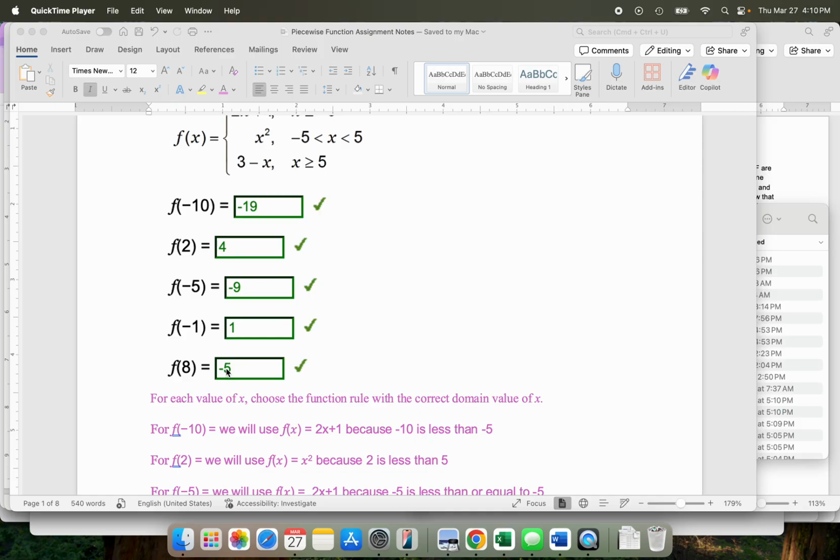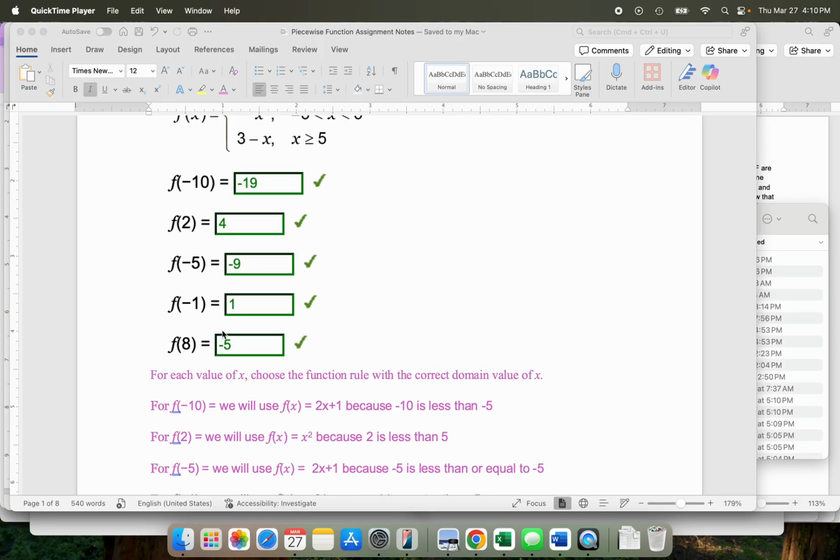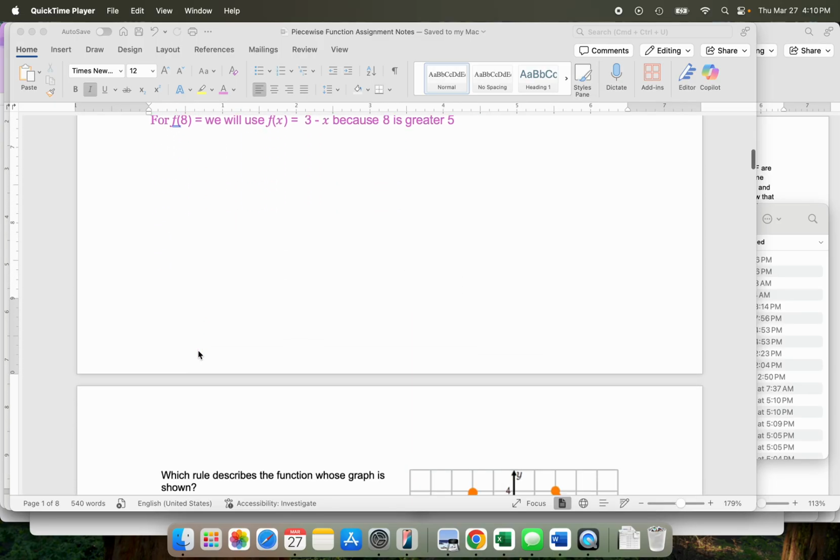And so solving it, we get -5 for our answer. All right, so you're just substituting them into the correct function rule that it fits, okay?